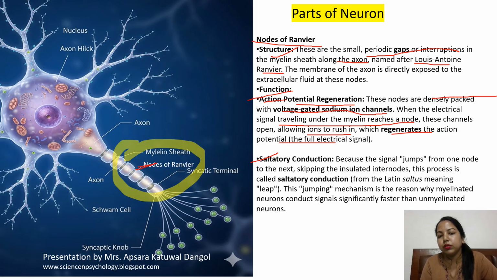Now, saltatory conduction means the signal jumps from one node to another node, skipping the insulated internodes. This process is called saltatory conduction because saltus means leap in Latin, and this jumping mechanism is the reason why myelinated neurons conduct signals significantly faster than unmyelinated neurons.